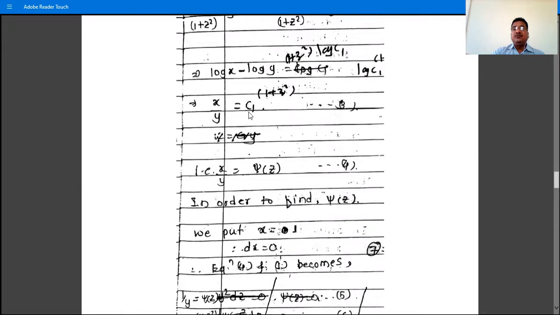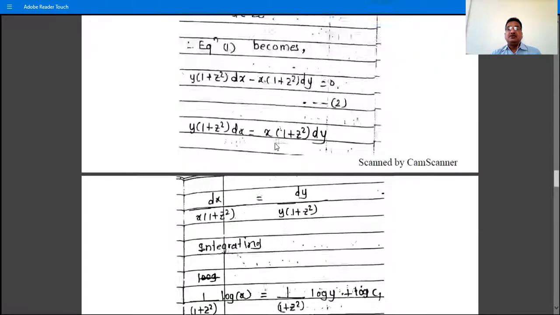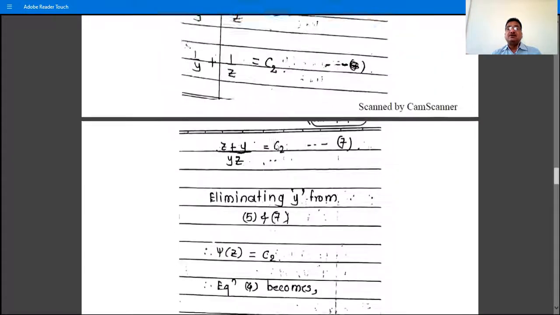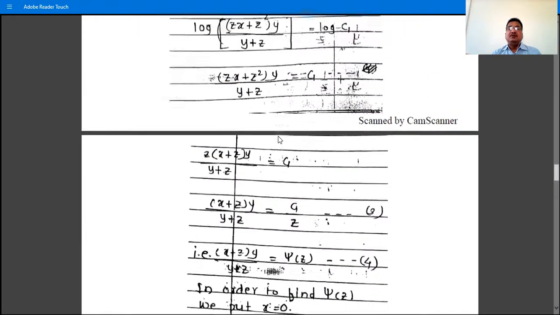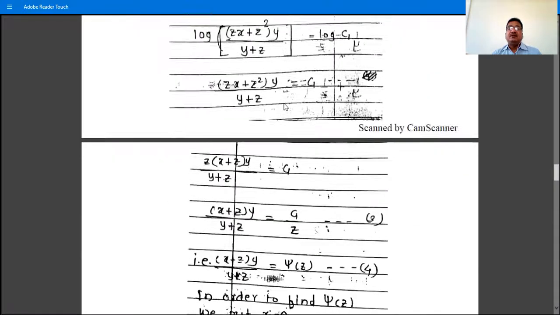So replace c₁ by ψ(z), because this constant may be a function of z, since z is constant. This is Natani's method.